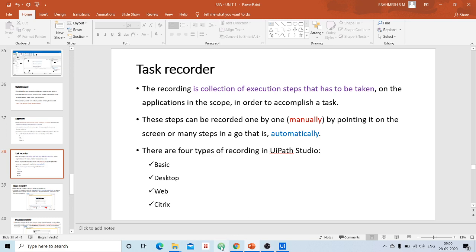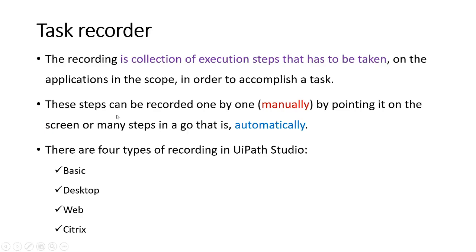Then he has to click this icon in order to launch the application. These are the steps that a human being will usually do to launch the Notepad application, assuming that the Notepad icon or shortcut is present in the taskbar. These steps can be recorded by the task recorder, and then we can play back those tasks with the help of robots. This is the job of task recorder.